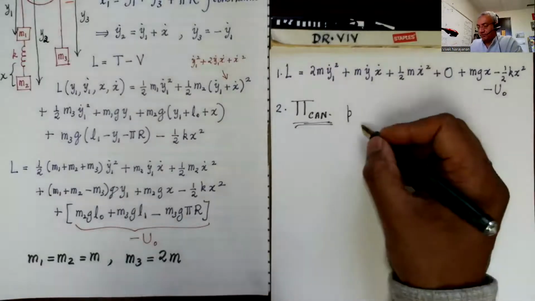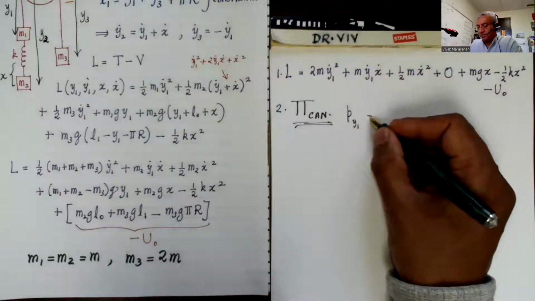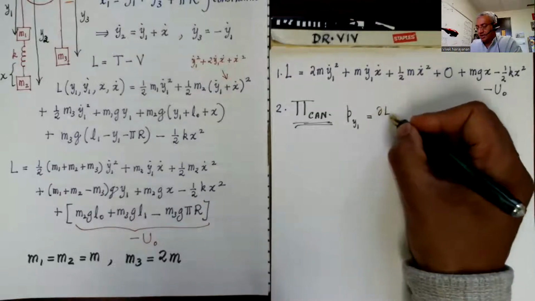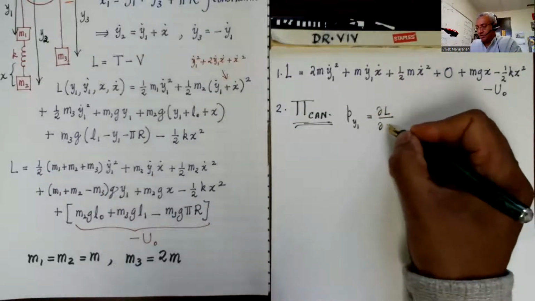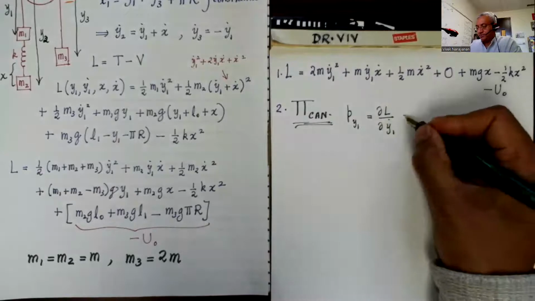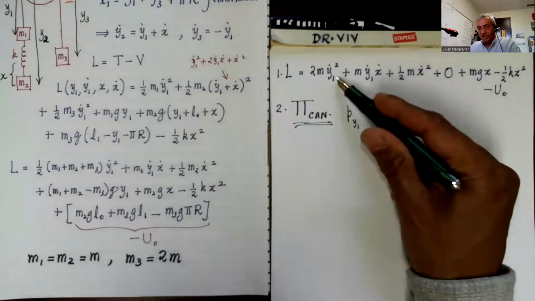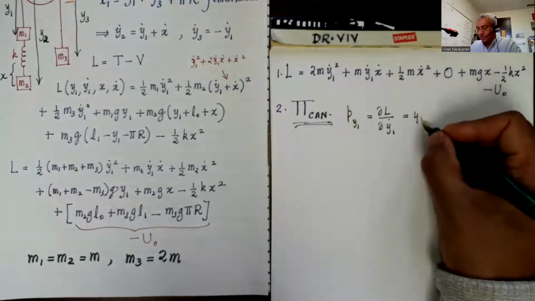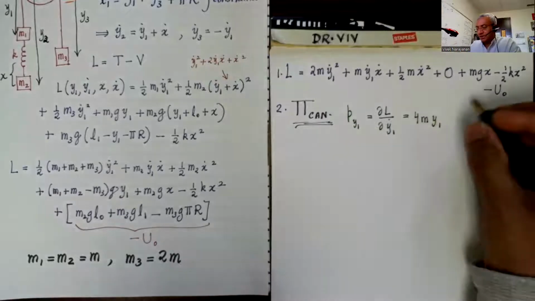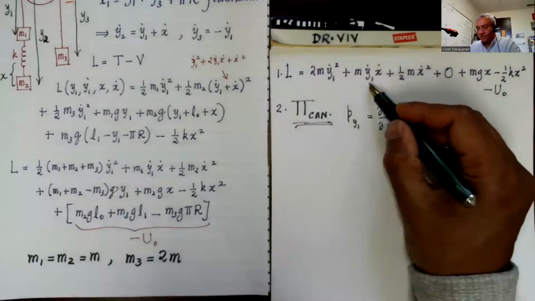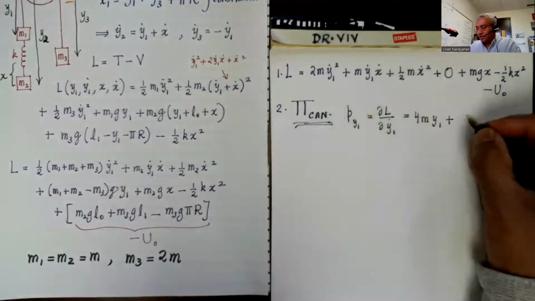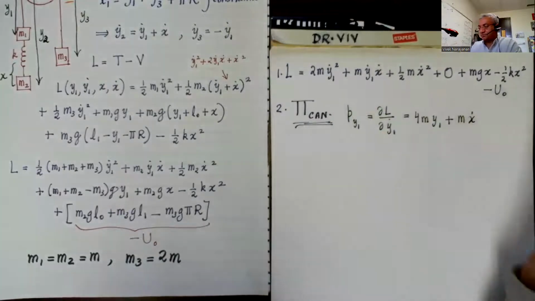So let's do it for both of them. So P y1 is going to be, by definition, del L over del y1 dot. All I have to do is differentiate. So that gives me 4m y1 dot plus another term with y1 dot is this one, m x dot.